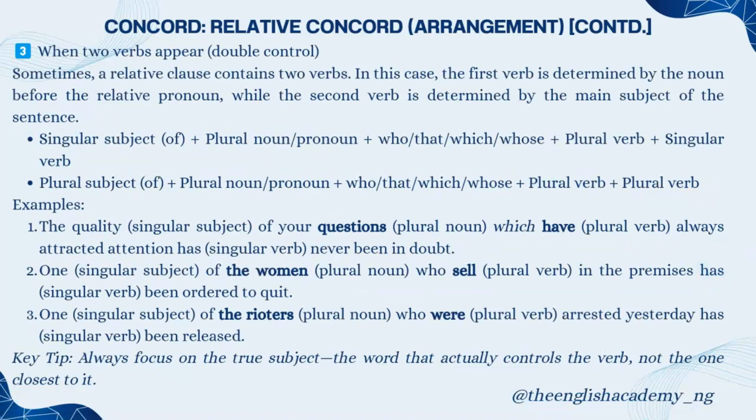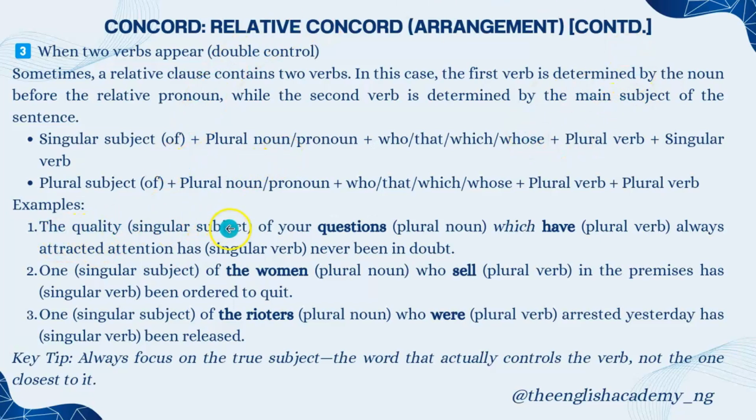Let's look at another aspect of relative concord. When two verbs appear, that's double control. Sometimes a relative clause contains two verbs. In this case, the first verb is determined by the noun before the relative pronoun, while the second verb is determined by the main subject of the verb. Let's see.